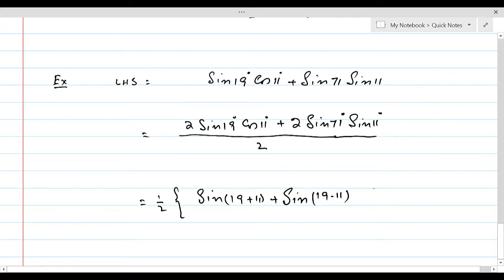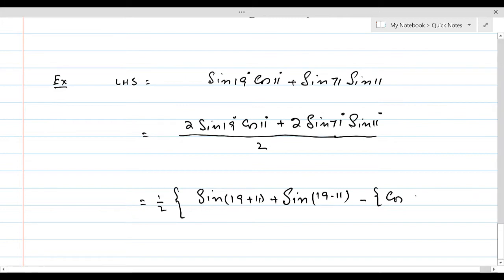And because there is a negative in the formula for sine times sine, we keep that minus outside, and we will be using cos of alpha plus beta minus cos of alpha minus beta.